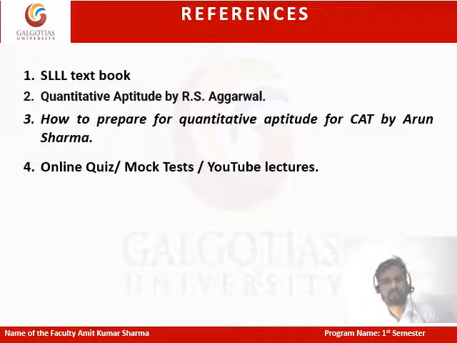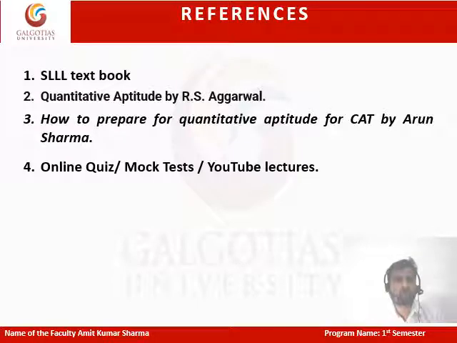For reference, you can first of all go through our SLLL textbook. There are so many questions from the chapter and so many examples are also there. Just solve all the questions from the SLLL book first. Then if you want more practice, you can purchase a book which is Quantitative Aptitude by R.S. Agarwal. It has so many practice questions and it's a very good book from placement exams point of view.